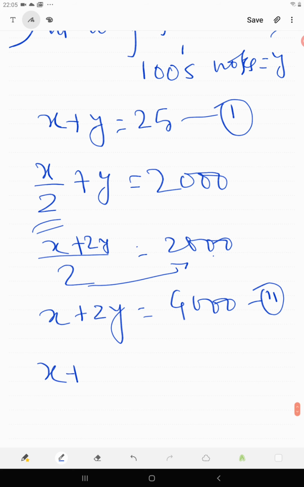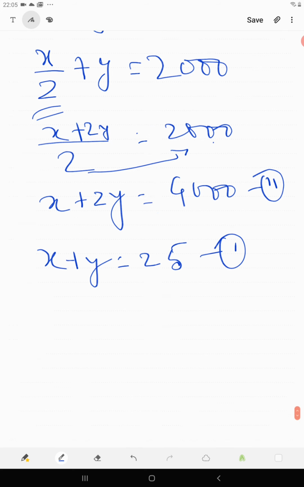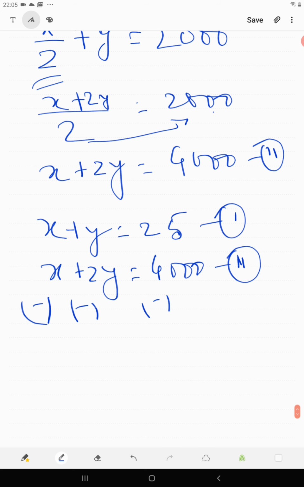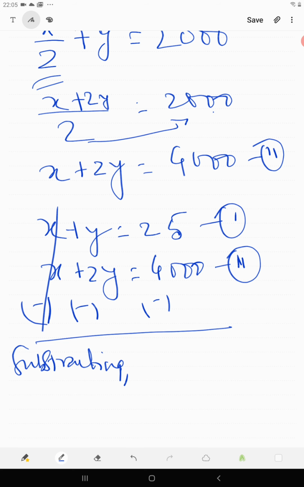Now see, we don't multiply by 1 because x is the same, so I don't bother. So x plus y is 25, this is equation 1. Multiply it by 1 only. And then x plus 2y equals 4000, this is equation 2. Here both are of the same sign, so we are doing subtraction. By subtraction, x will be cancelled out, y minus 2y.